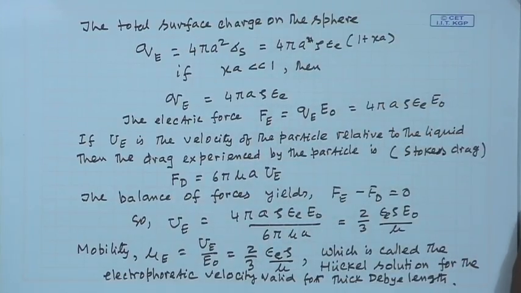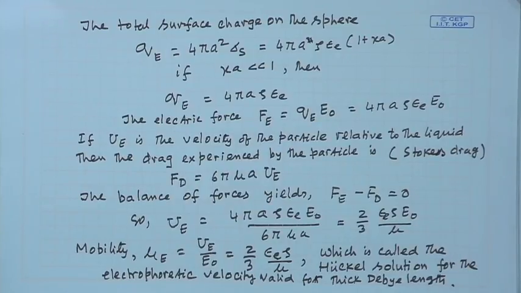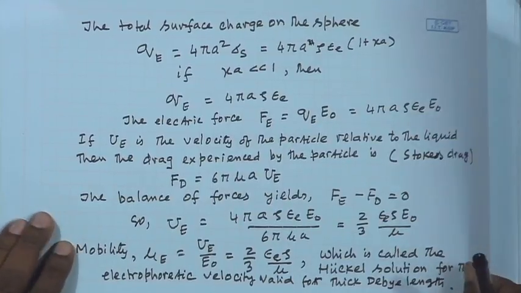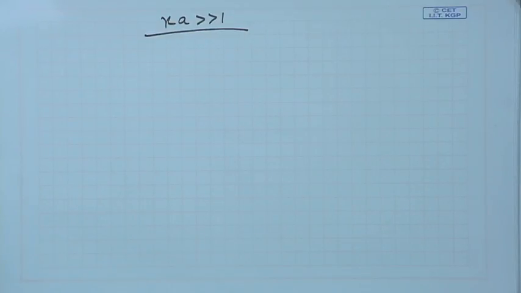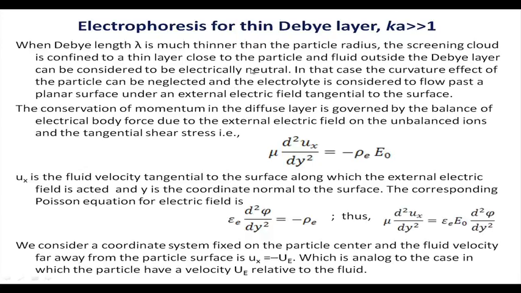Now, in a similar manner, we can also have electrophoresis for thin Debye length. So, now when we come to this situation for thin Debye length, instead of Debye length lambda, which is kappa inverse, we can talk about a flat surface. The curvature may not come into the picture, because just outside the Debye layer, the flow field is just the balance of the shear stress and the electric force.